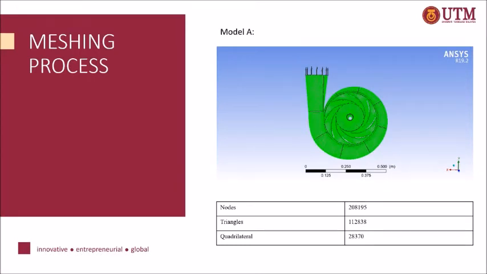Next is the meshing process. The figure below is the result of the meshing process for Model A. As we can see, the nodes are 208195, the triangles 112838, the quads 28370.